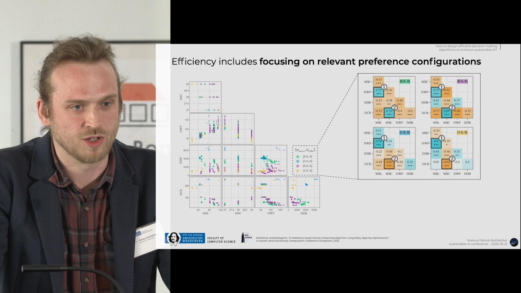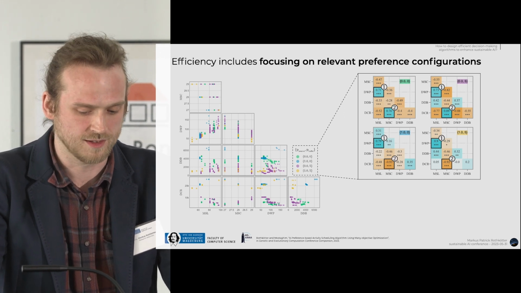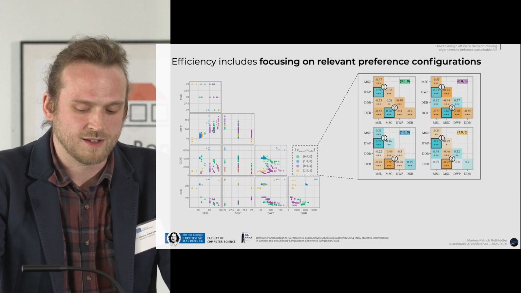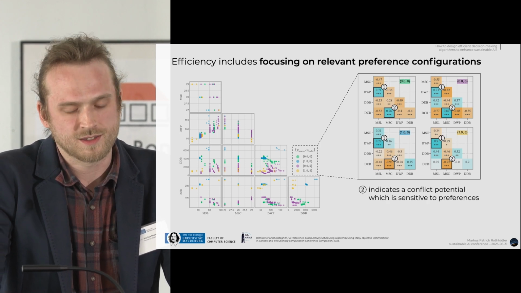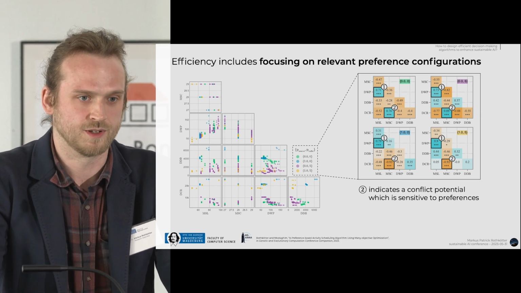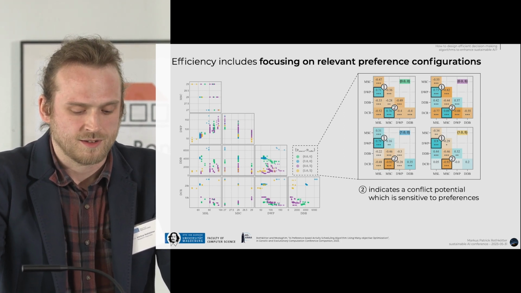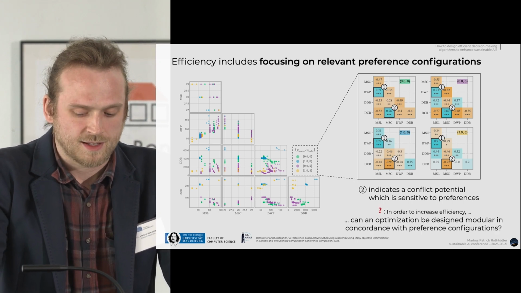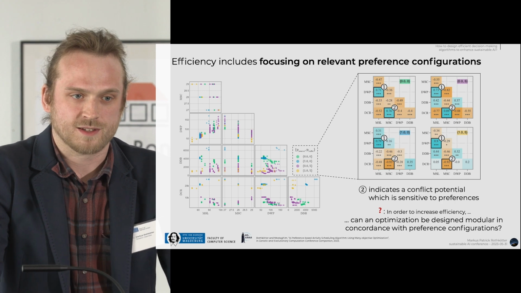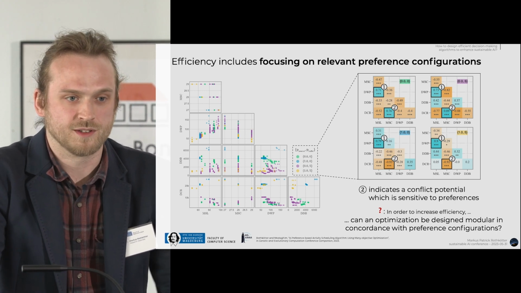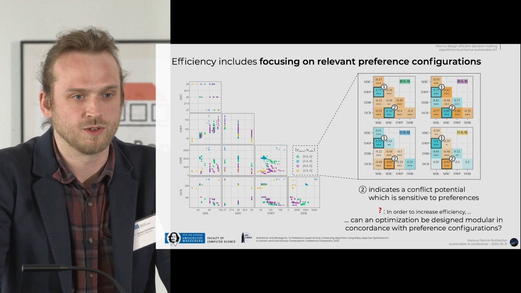Orange means conflicts, blue means no conflicts, and the number 1 is the example from the previous slides. We have the indicator 2, which indicates conflict potential, which is sensitive to the preferences. So from seeing these results, there's the question, can we design an optimization that is modular and divides subproblems for the specific preference groups only?